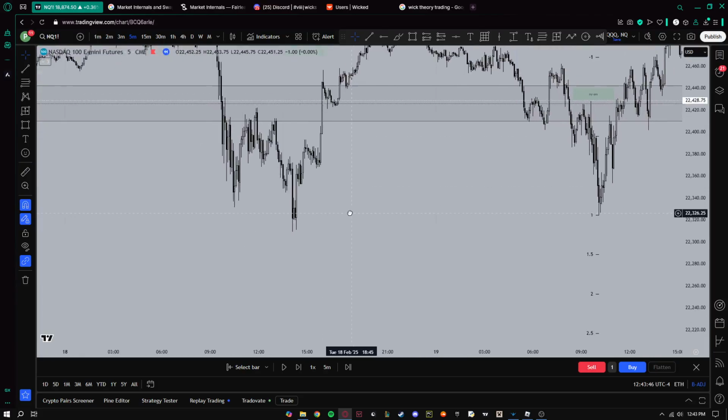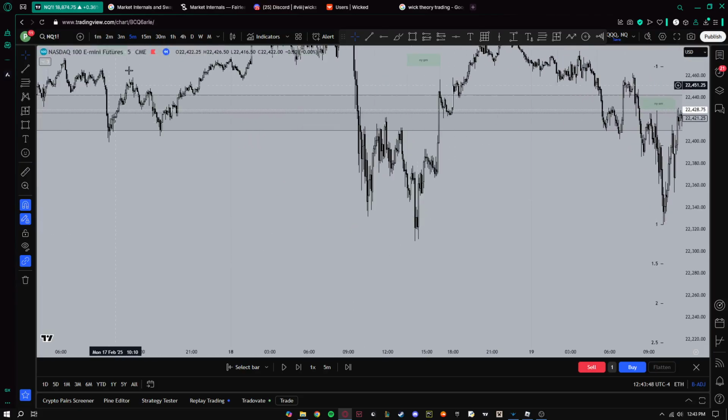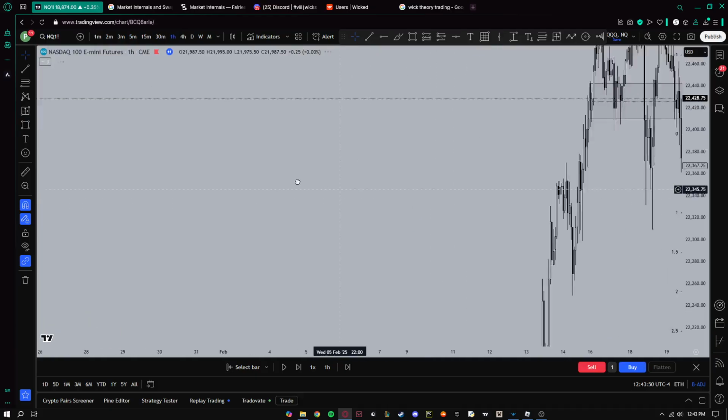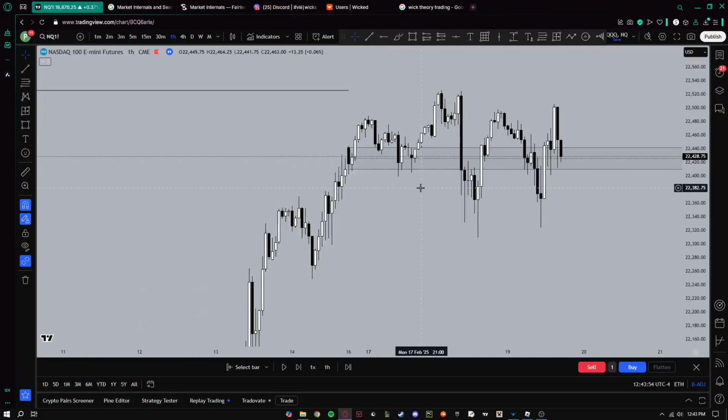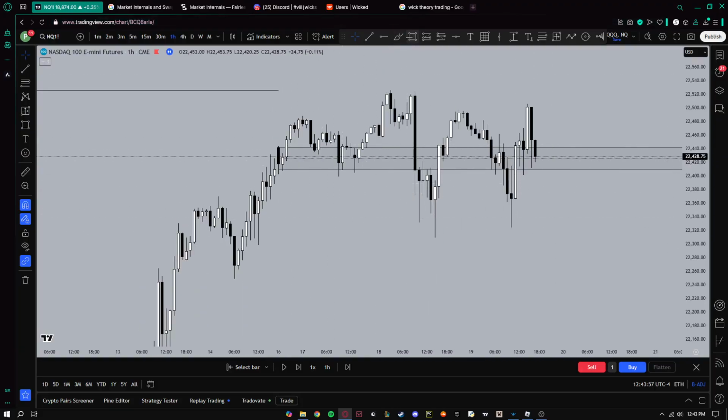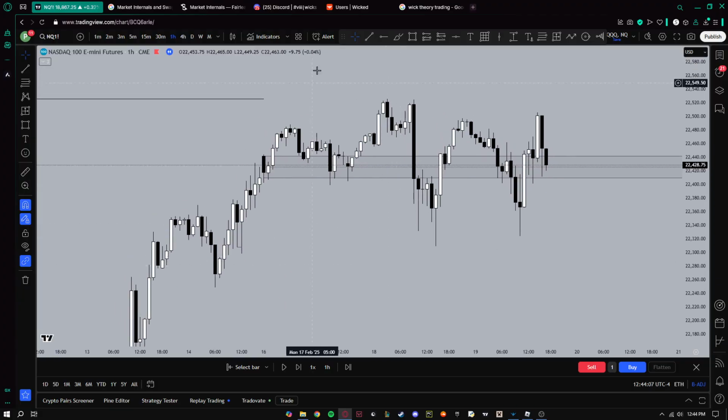And let's say, here, let me just draw out a model so you guys have a set idea of what to take. Alright, liquidity swept right here.